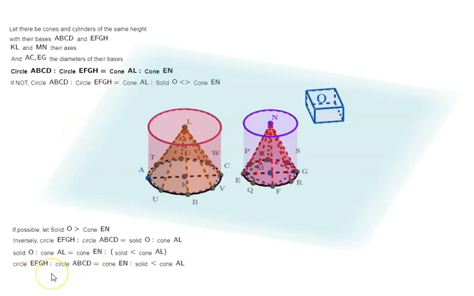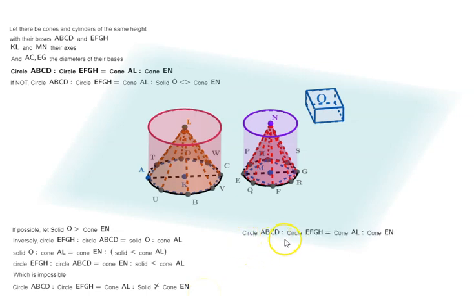So circle EFGH is to circle ABCD as cone EN is to a solid less than cone AL, which we have already disproved in the previous case, which is impossible. So circle ABCD is to circle EFGH as cone AL is to a solid not greater than cone EN. So that means circle ABCD is to circle EFGH as cone AL is to cone EN.